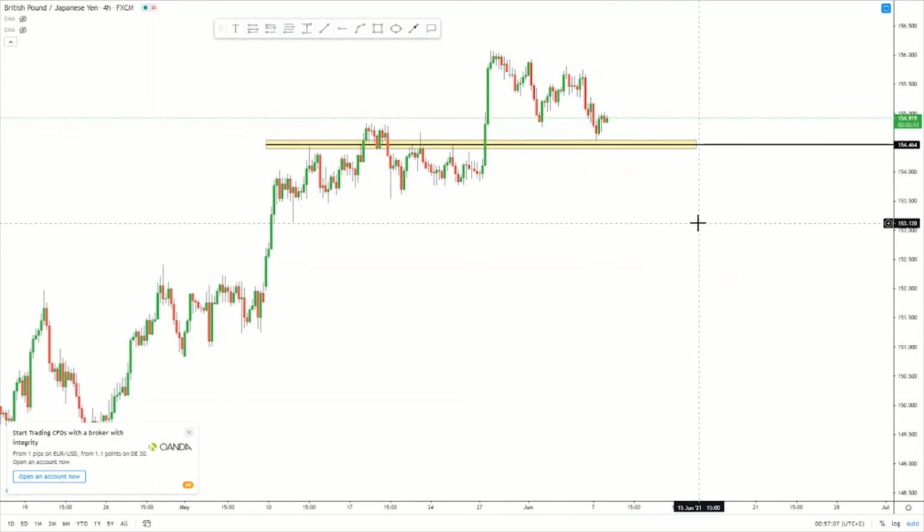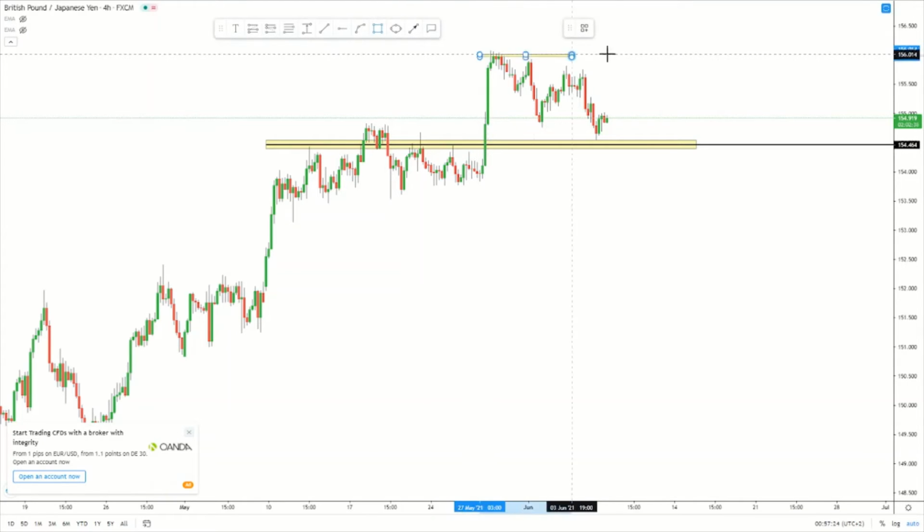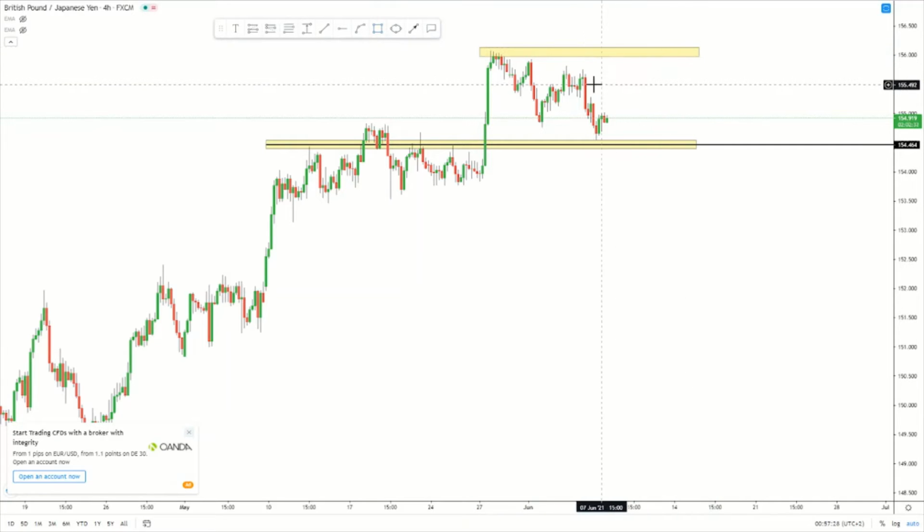Okay, so the thing I would advise traders to do at this point is, if we have this area hold, I'm going to put in these last highs we have over here.